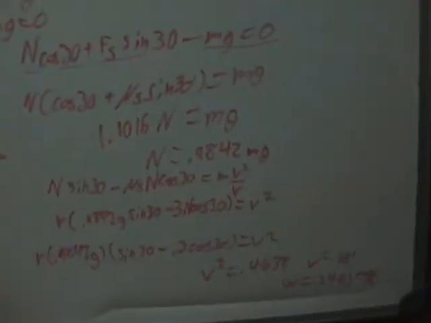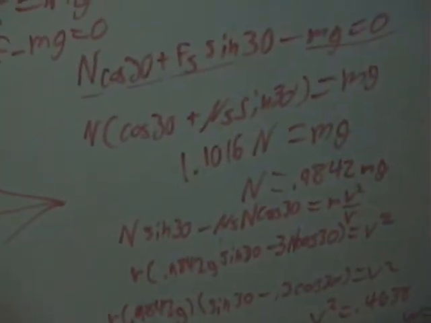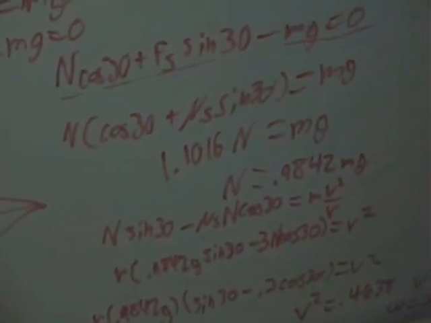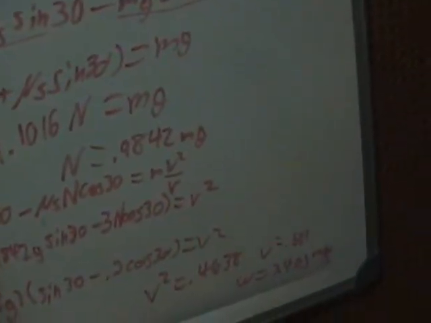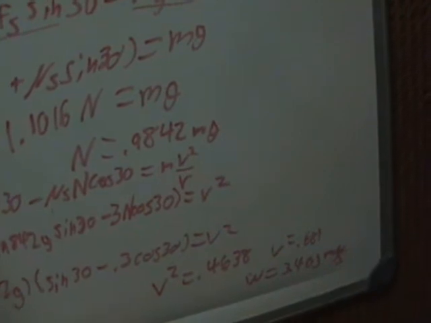So n cosine 30 plus mu sub s n sine 30 equals mg. This 1.106 n equals mg comes from the sines and cosines there. So n equals 0.9042 mg.